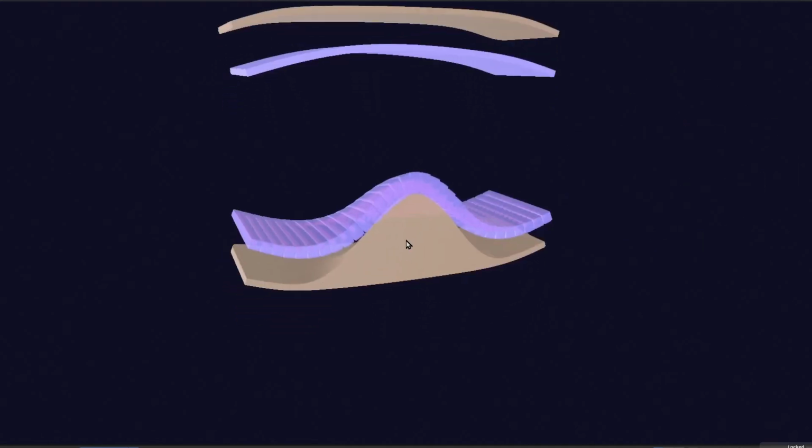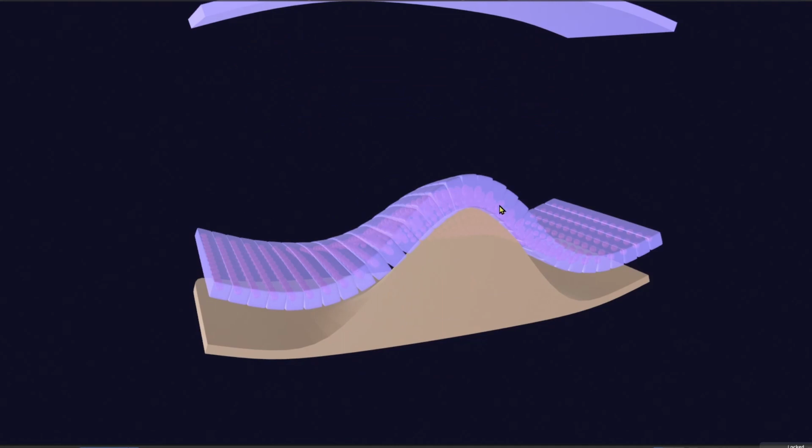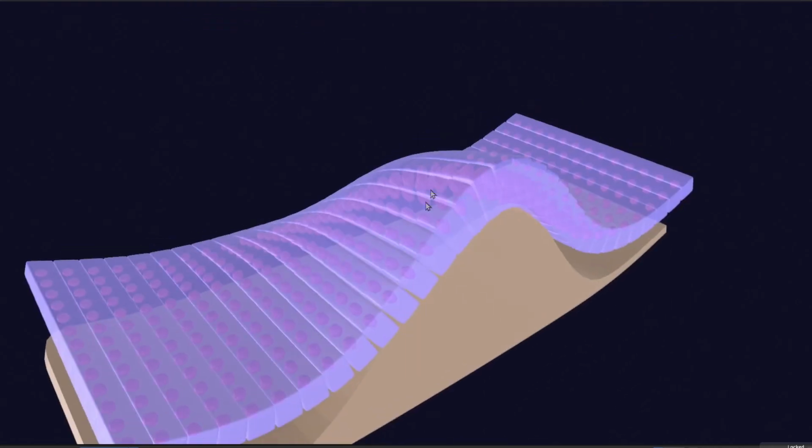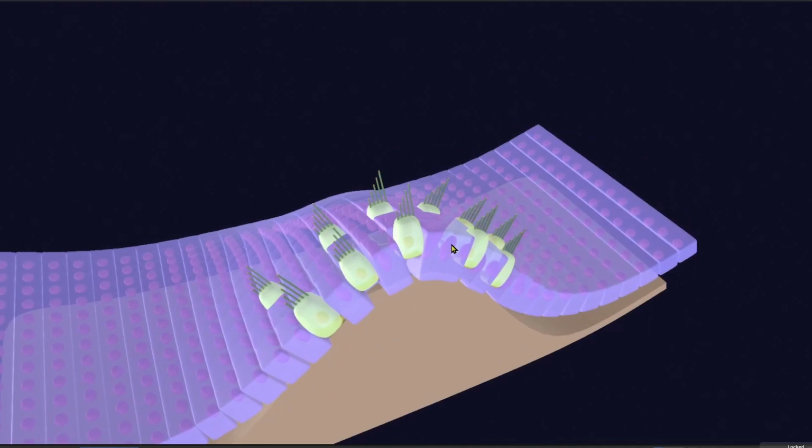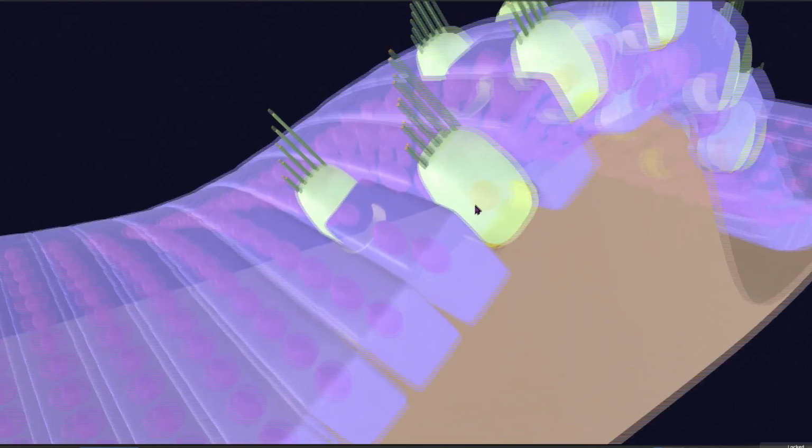Then what will happen is that this epithelium will not just differentiate into supporting cells, but at the top of the crest, some of these cells will be differentiated into specialized hair cells that are the actual sensory organs. So these are the hair cells.